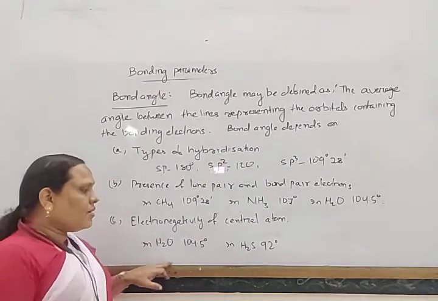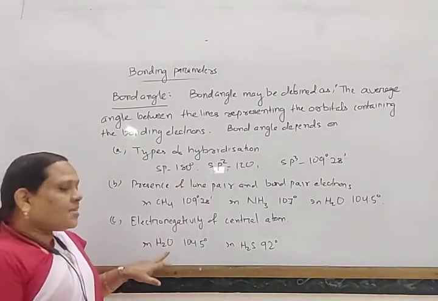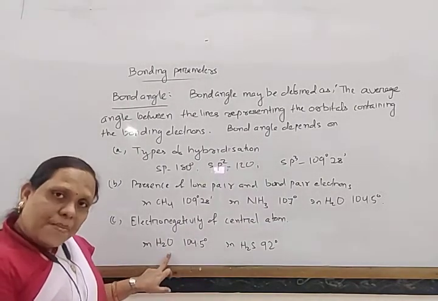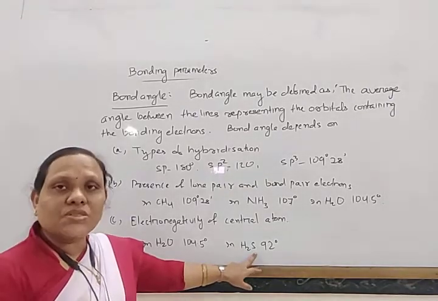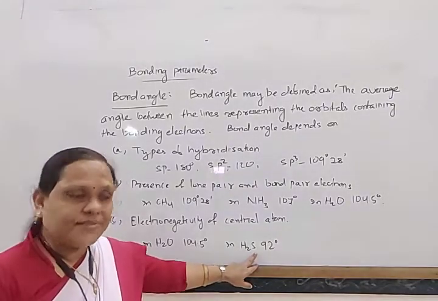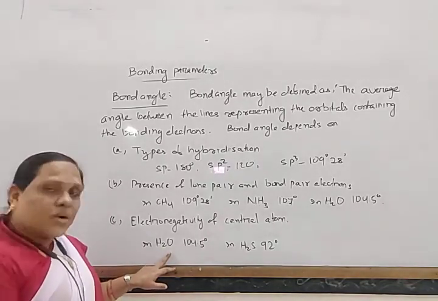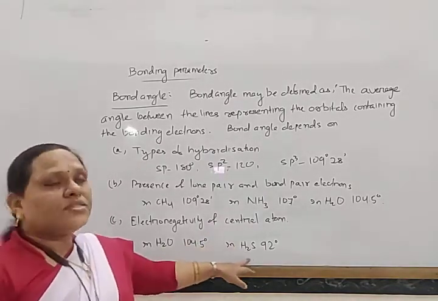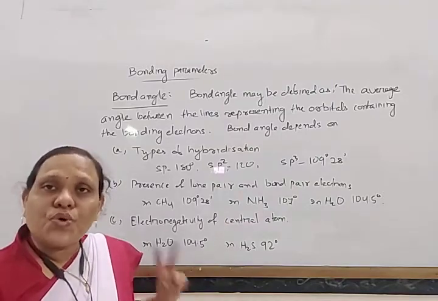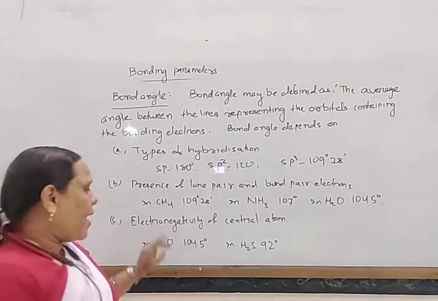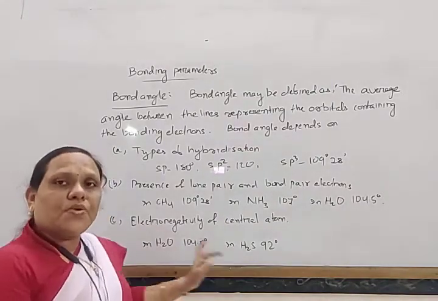Look here, in water and H2S. The oxygen atom has sp3 hybridization. In H2S, sulfur is also sp3 hybridized. Here oxygen has 2 lone pair electrons and 2 bond pair electrons. In H2S, sulfur is also surrounded by 2 lone pairs and 2 bond pairs. Hybridization is the same, bond pair and lone pair are the same.